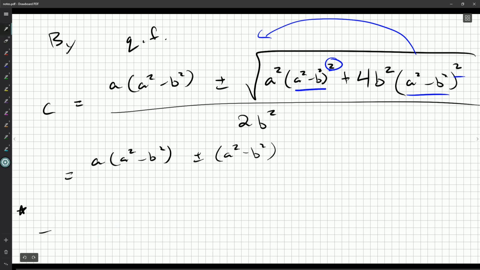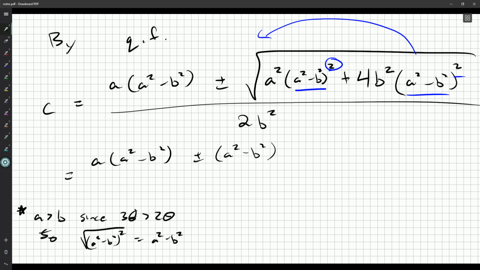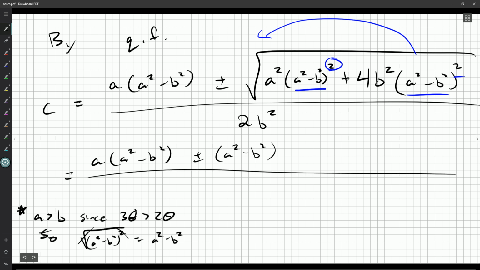But I should point out A is greater than B, since 3 theta is greater than 2 theta. So the square root of a squared minus b squared squared is a squared minus b squared, not flipping the sign around. Because remember, square rooting something that's been squared doesn't just automatically cancel out the square sign. It sort of introduces an absolute value, so you do have to know that the thing you were originally squaring was positive, which now I have confirmed for myself.